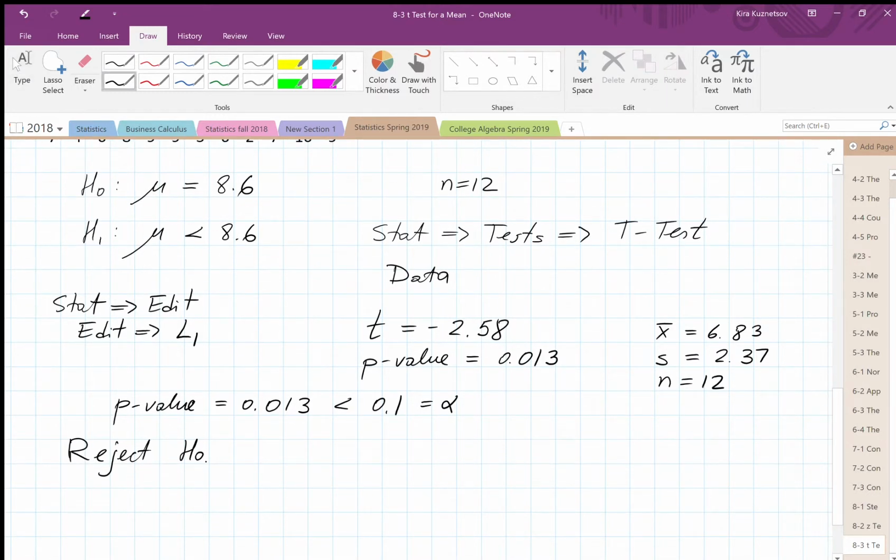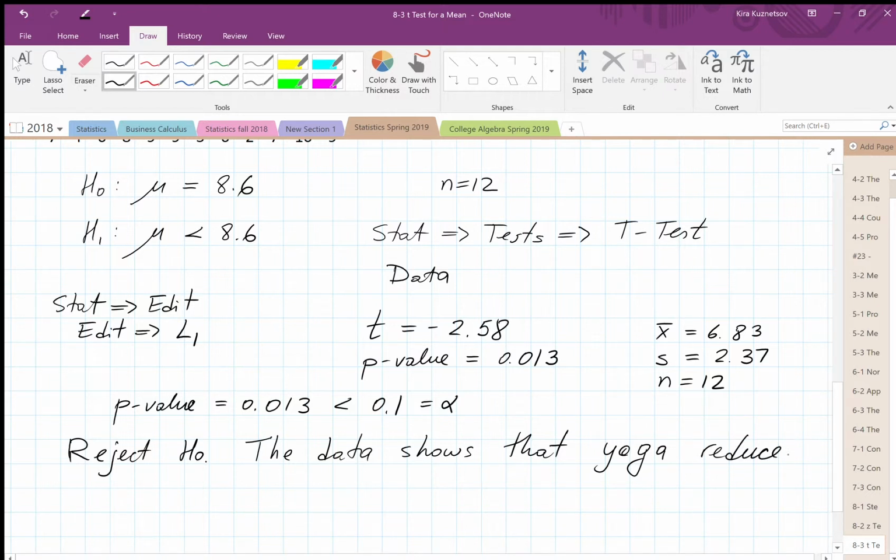We reject the null hypothesis in favor of the alternative hypothesis, where the data shows that yoga reduced the weekly aspirin intake.